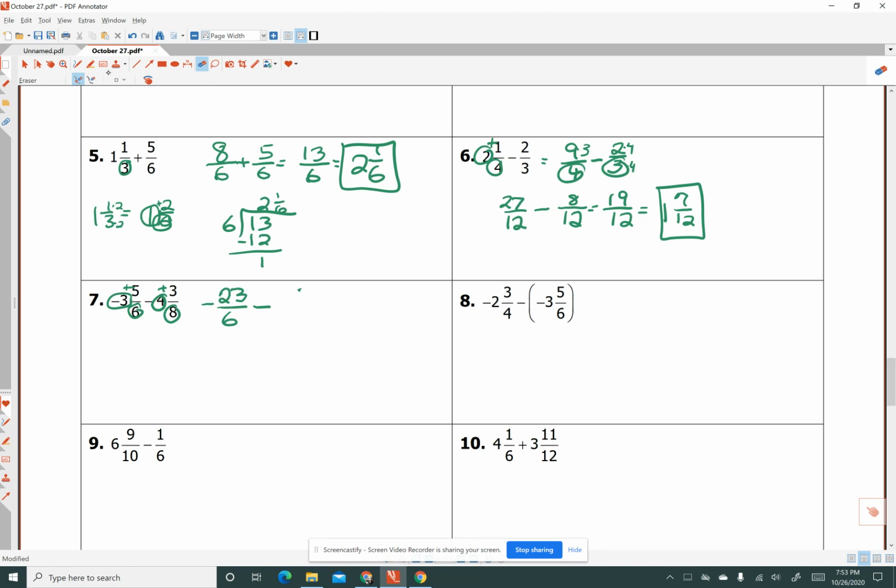I meant to write 35/8. Okay, we need to change all of this to a number that is a common multiple. So the multiples of 6 are 6, 12, 18, 24.